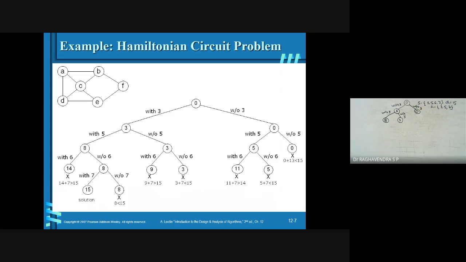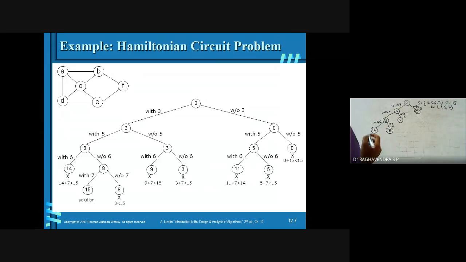Okay, next I will go with 6, and another branch is without 6. If I go with 6, 8 plus 6 becomes 14. Here, if I go without 6, this will become 8.